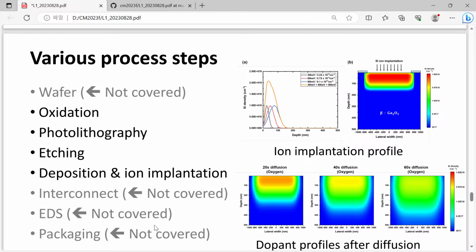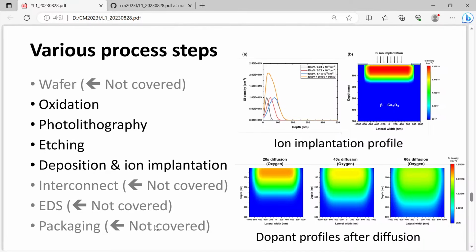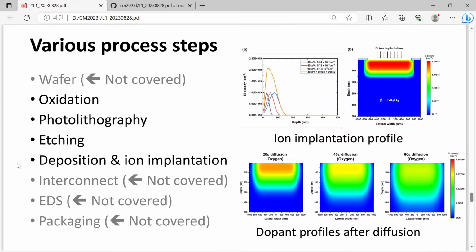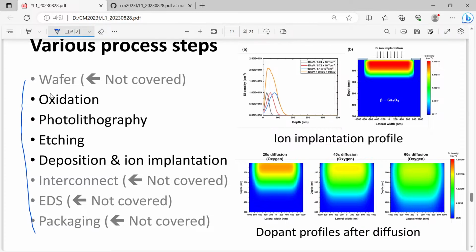We have many different process steps to achieve the final goal, like building a transistor. For example, here I have just prepared many different steps required to build a transistor. In this course, wafer preparation is not covered.